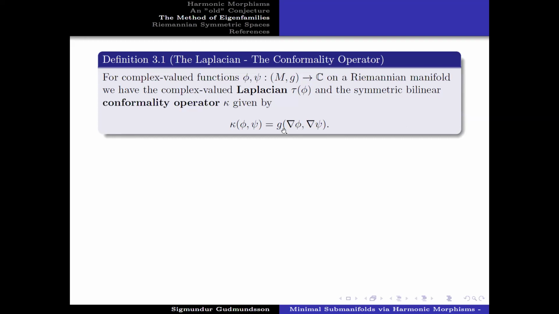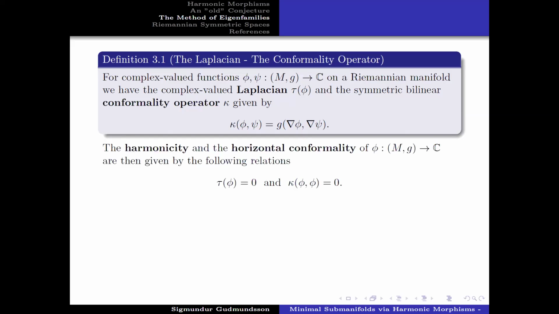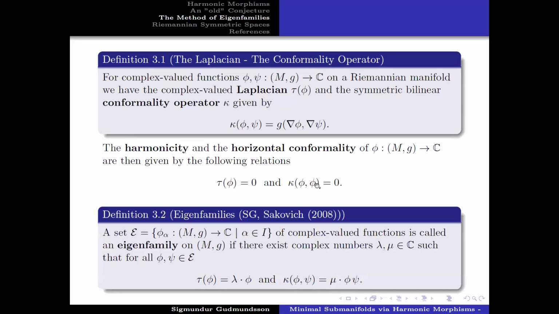So this here, G, is the complexified, complex bilinear form of the Riemannian metric. Any questions? So harmonicity and horizontal conformality are given by this, see? So we are looking for solutions where tau, the Laplacian, is harmonic, but also horizontally conformal. That means that this is true.